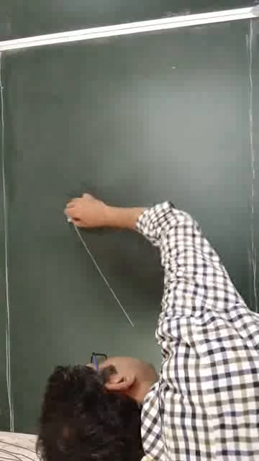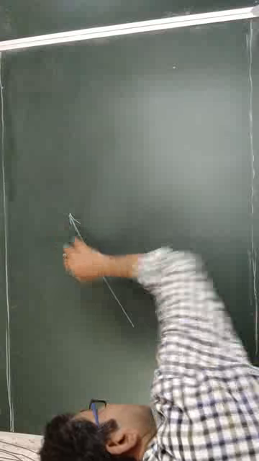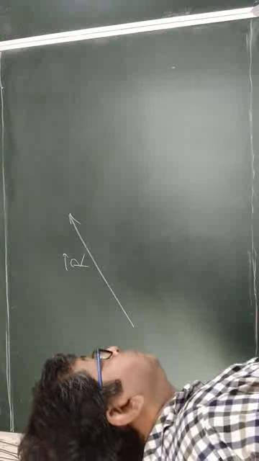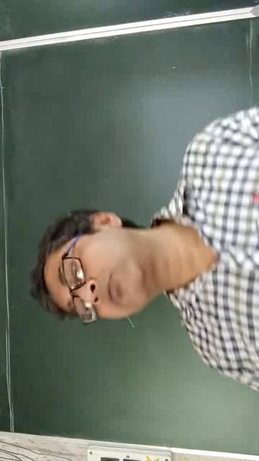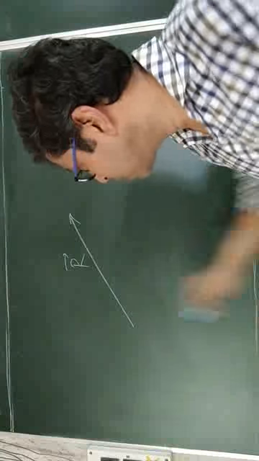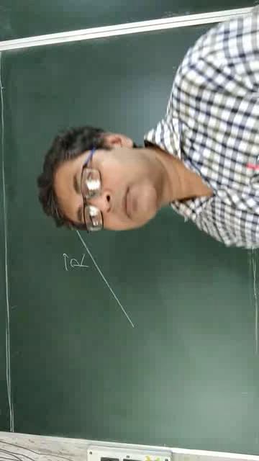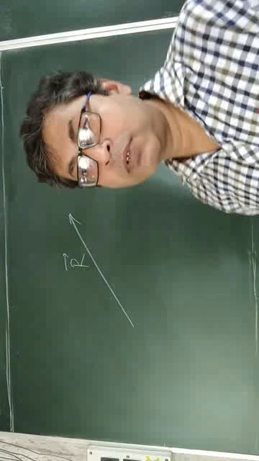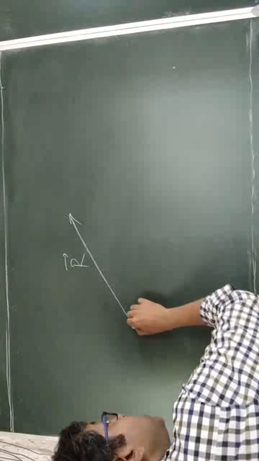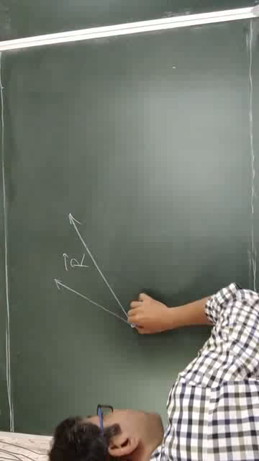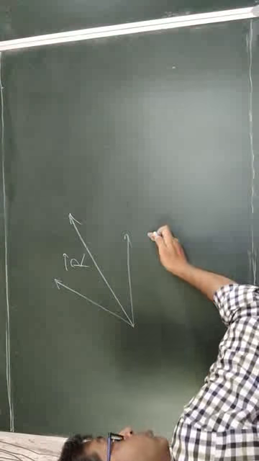Suppose there is a vector R, and sometimes in practical daily life we see that this kind of vector breaks itself into two components, two parts. They may be mutually perpendicular or not.